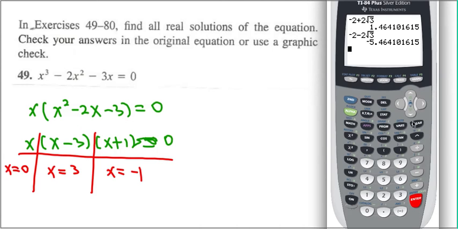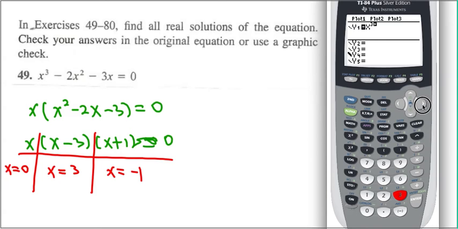Here, I'm going to enter x to the third power minus 2x squared minus 3x.